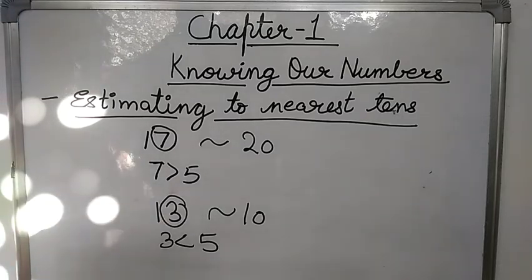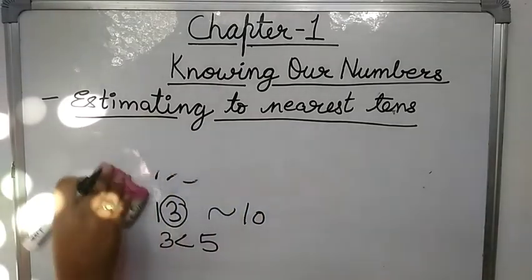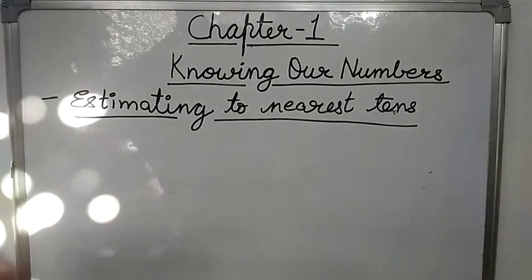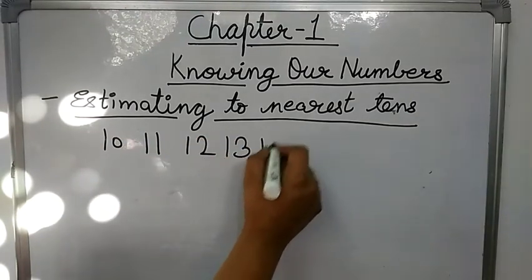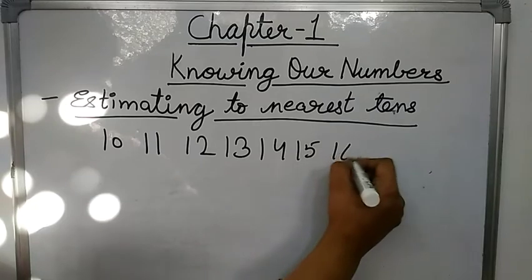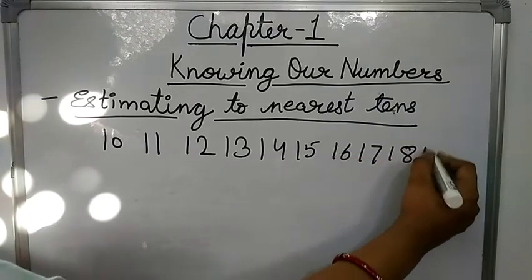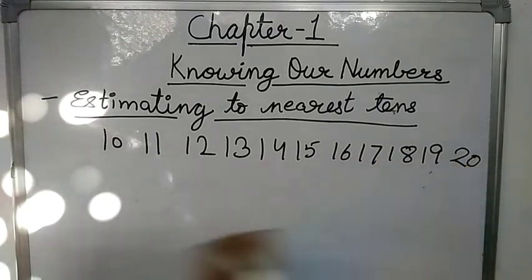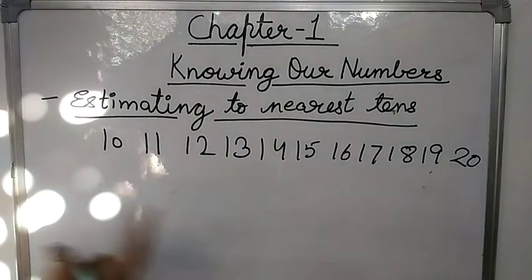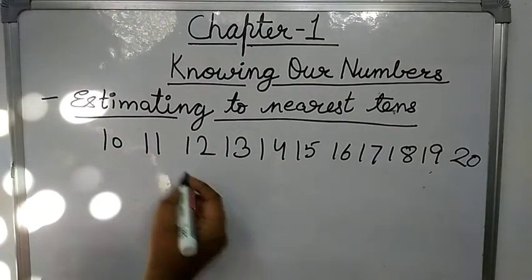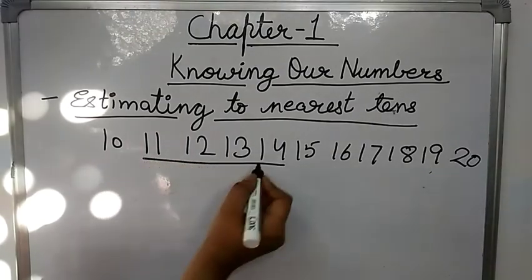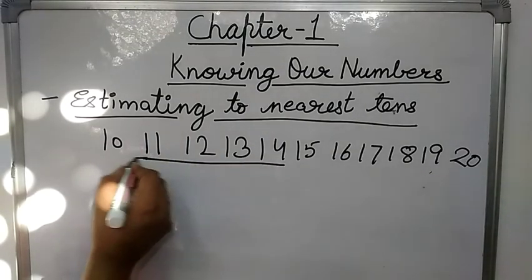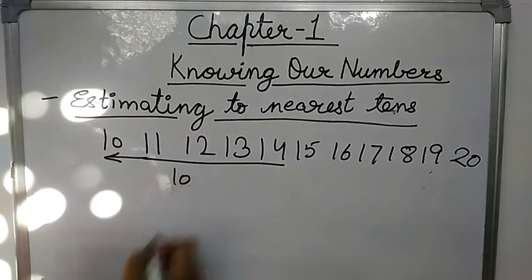Or you can also understand it by this. Like we have numbers 10, 11, 12, 13, 14, 15, 16, 17, 18, 19, 20. Again, as we did in 0 to 10, numbers 11, 12, 13, 14 will be estimated as 10.